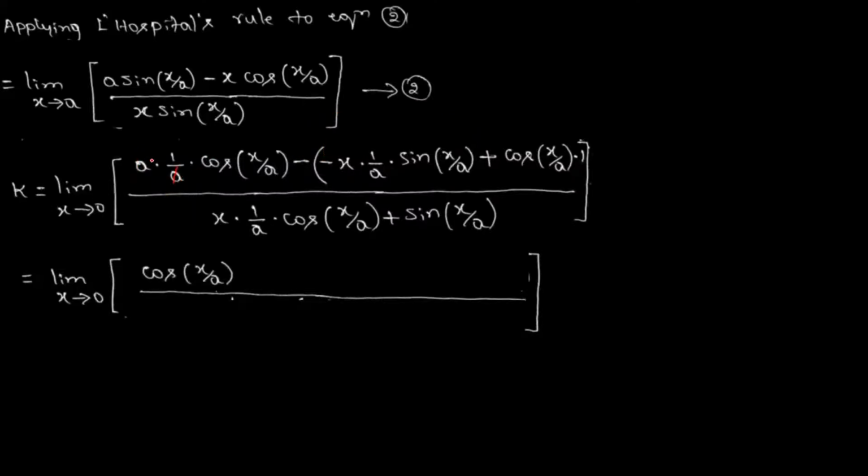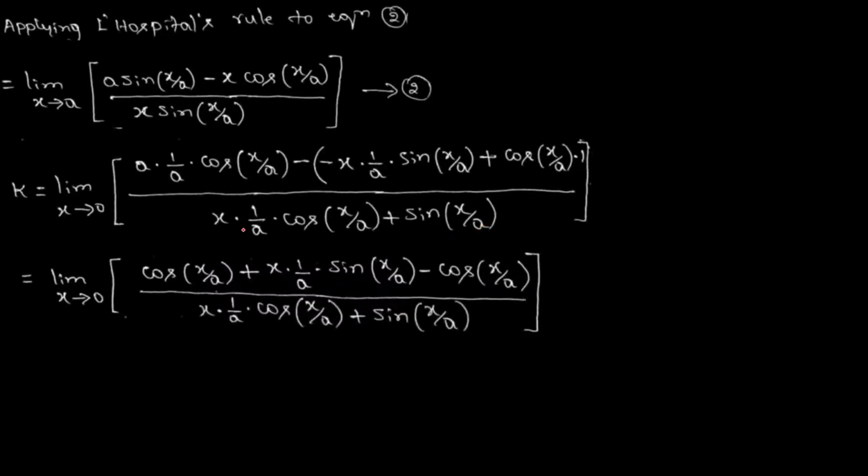After cancelling a with this a, we have written cos of x by a, and we have multiplied minus into minus plus, we get x into 1 by a sine of x by a, we have written here. Let us multiply this minus with this plus, we get minus cos of x by a divided by this completely as it is, no change, nothing will get cancelled in the denominator.